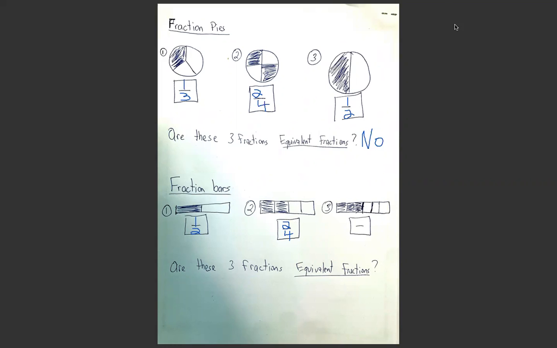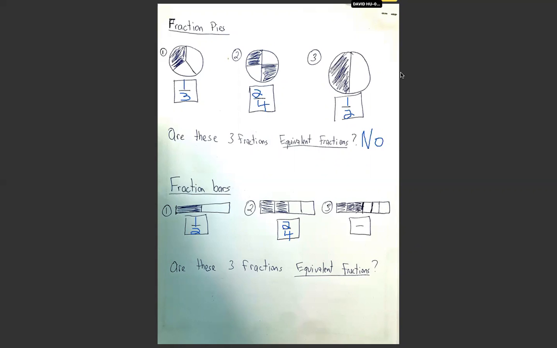Who's going to help me with number 3? Belin, how about you? How many pieces, Belin, are in this whole bar? 6. Good. What's the denominator? 3.